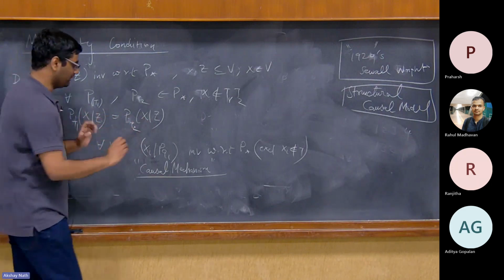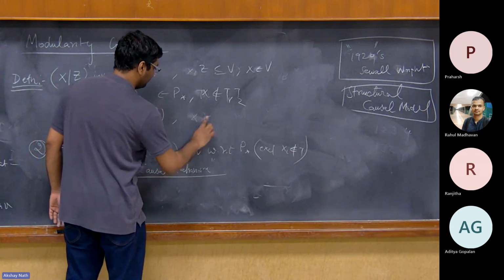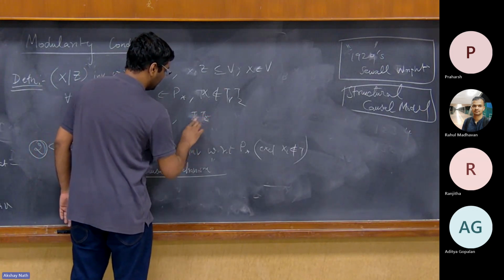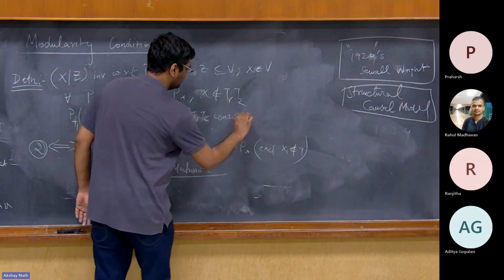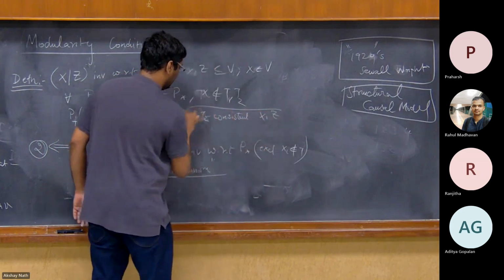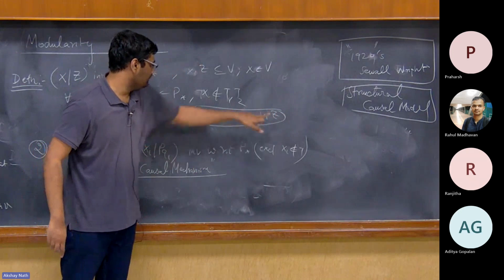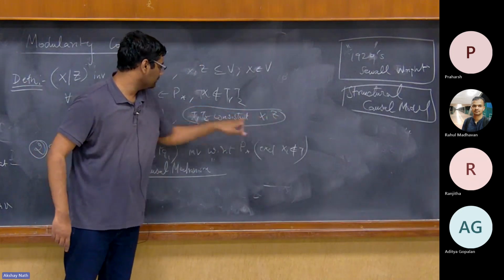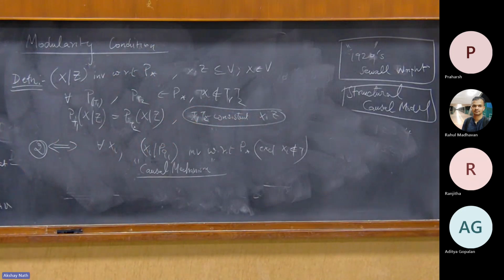Otherwise, you get into such issues. Maybe I should be more careful. So T1, T2 are consistent with respect to X comma Z. Meaning X doesn't belong to T1, but it could belong to Z, so you make sure you condition on those things which are consistent with respect to T1. If they are not, just don't.